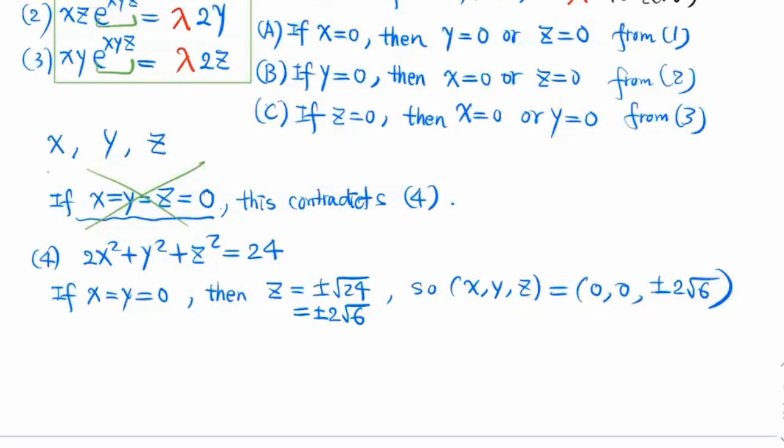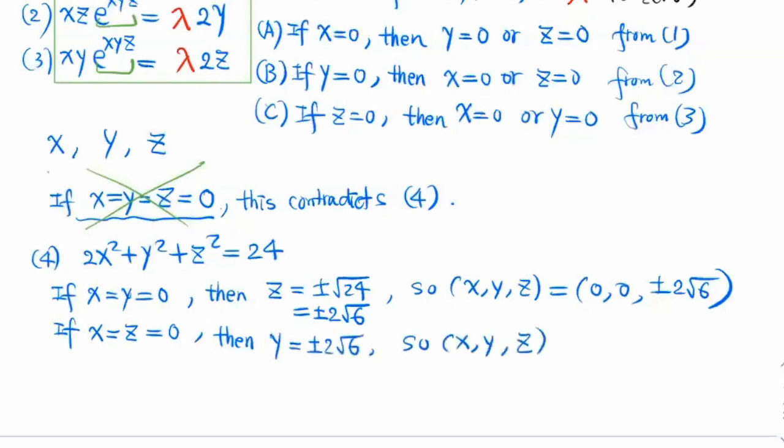Now let's try the other two equals 0. What happens if, let's say, x equals z equals 0? Substitute into this, it's the same thing. So y is plus or minus 2 square root of 6, and xyz will be 0 for x, 0 for z, and plus or minus 2 square root of 6 for y.